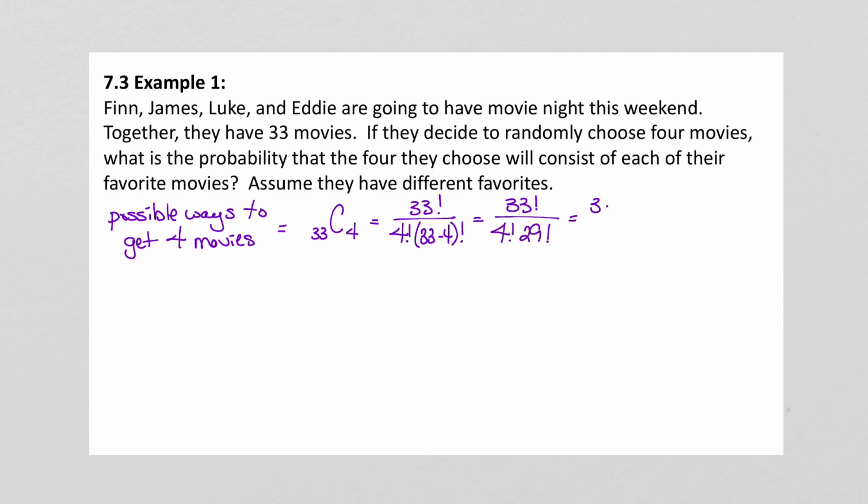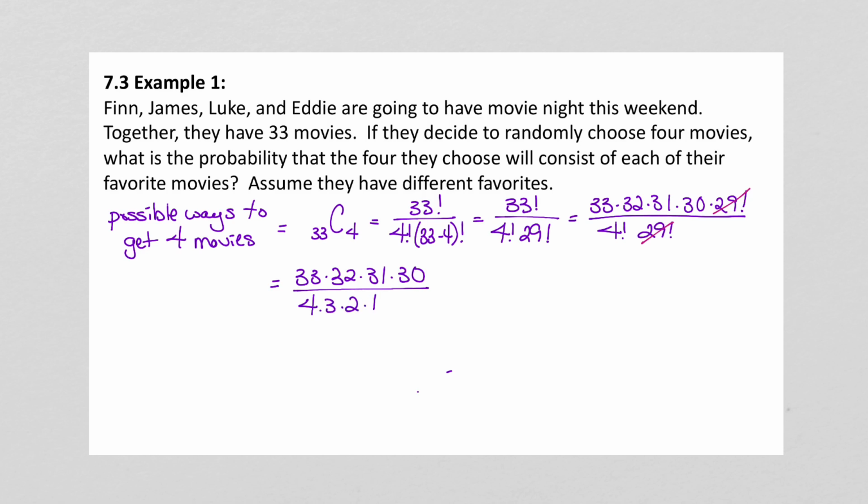So on the top, we will go down to 29 factorial, and the 29 factorials can be canceled. So we have 33 times 32 times 31 times 30 over 4 times 3 times 2 times 1.